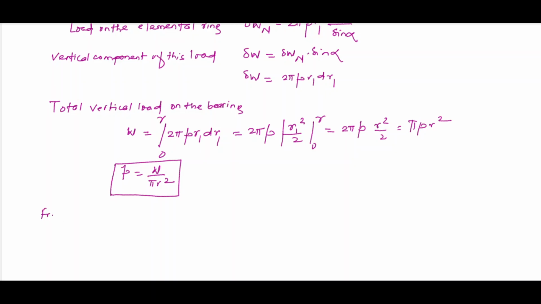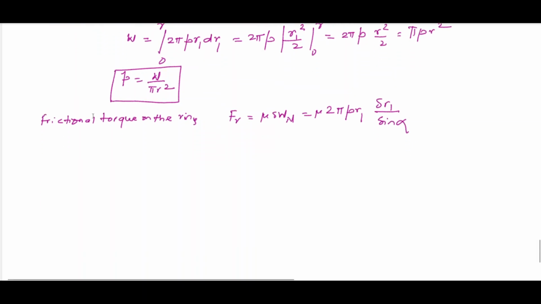And then frictional torque on the ring. Let's say this is Fr is equal to mu del Wn, so it is mu 2 pi p r1 del r1 by sin alpha. Okay, this is the frictional force.